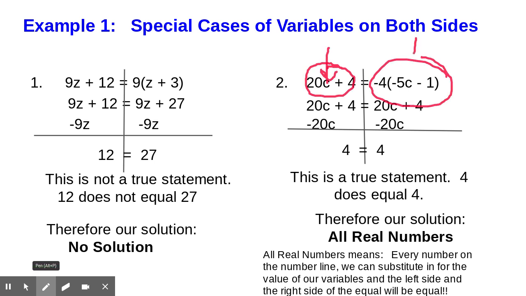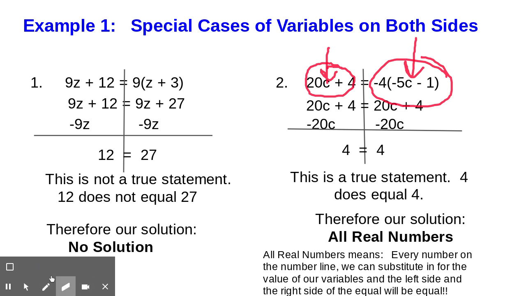Any number on my right side, I could put any number inside there. I could put 1, I could put 10, I could put -6, I could put a 1/4. Any number on the number line, when I substitute it back into the value for the variable, it will make sense.